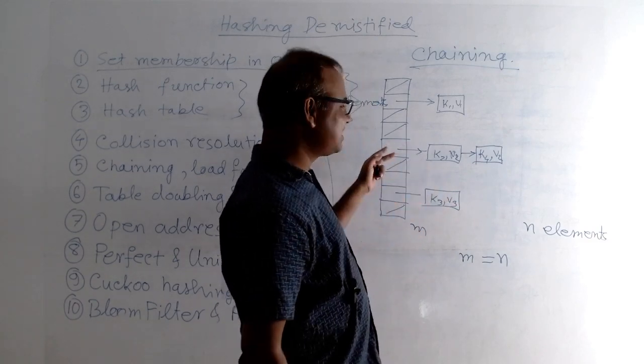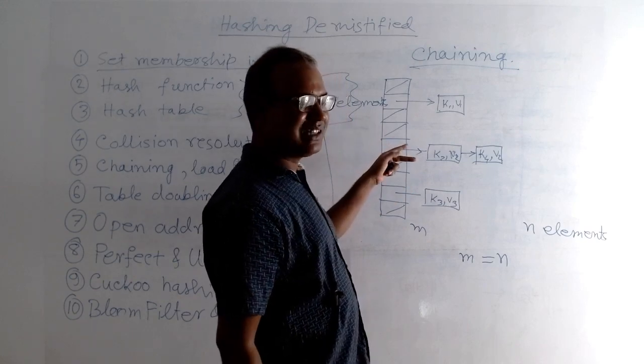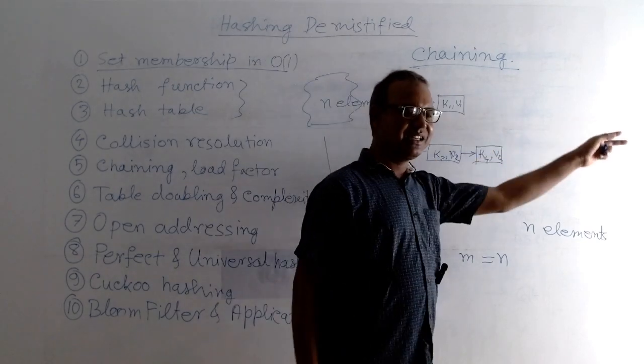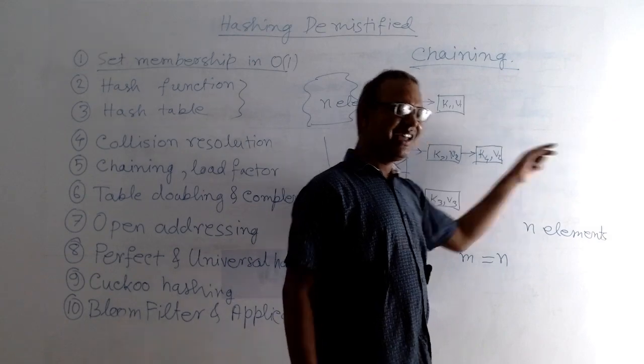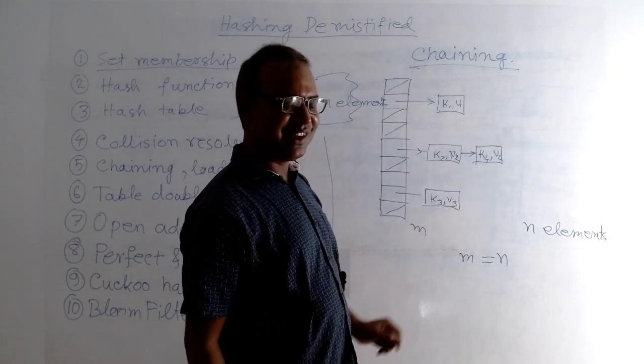But in the worst case, if we do not have a good hash function, then some chains may get very long and some other chains will become smaller.